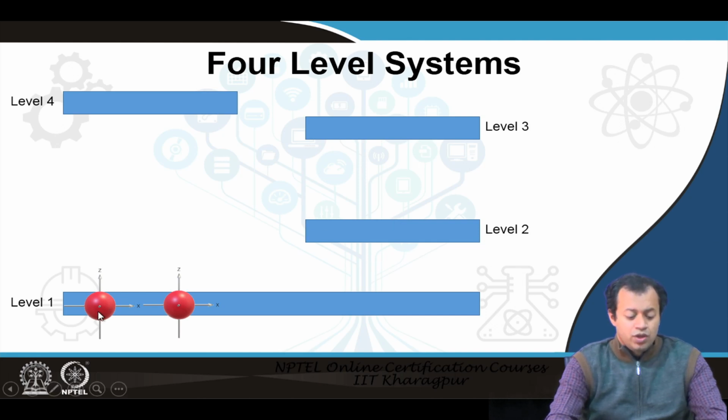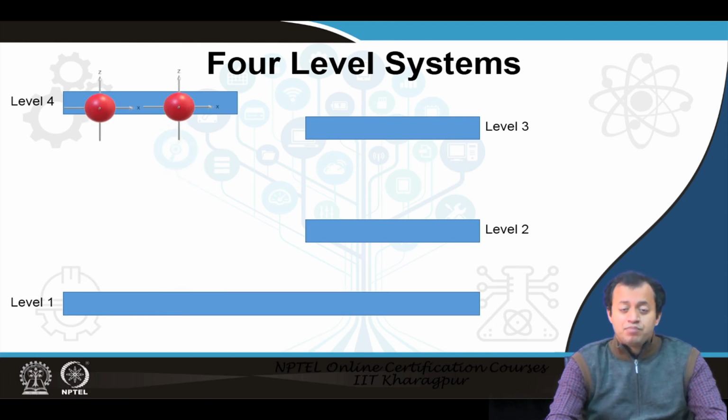Photons react with the electrons at the ground level. It goes to level 4 by absorbing a photon. After internal conversion, it moves to level 3. From level 3, stimulated emission happens.